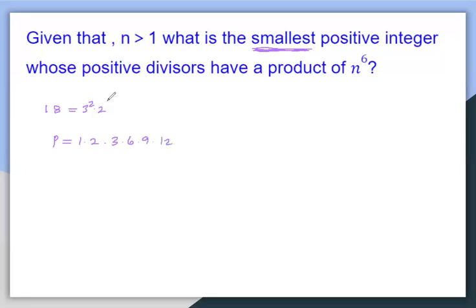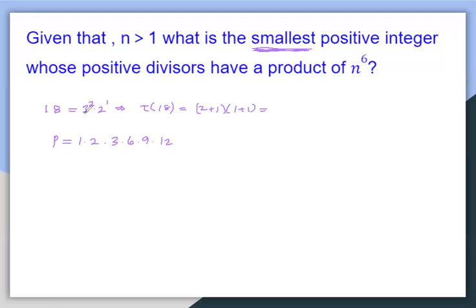Just remember, if you want to find the number of divisors, which we sometimes write as t of 18, this is equal to 1 more than the power of each prime, and then multiply those. So 2 plus 1 times 1 plus 1. Again, if you don't really remember this, get to review for sure.